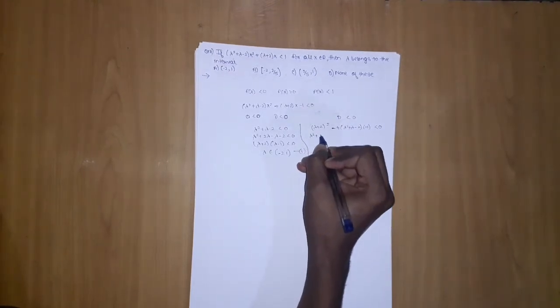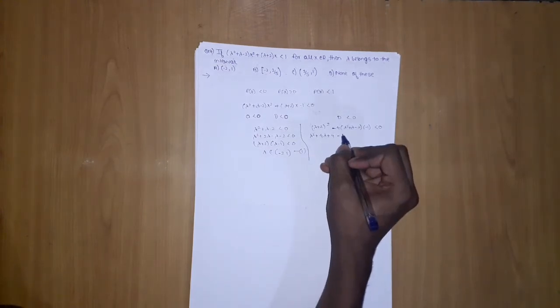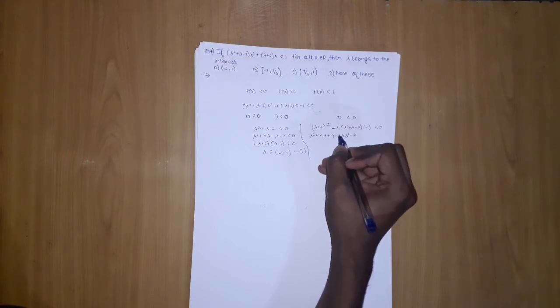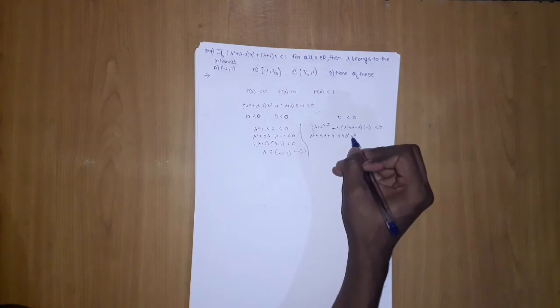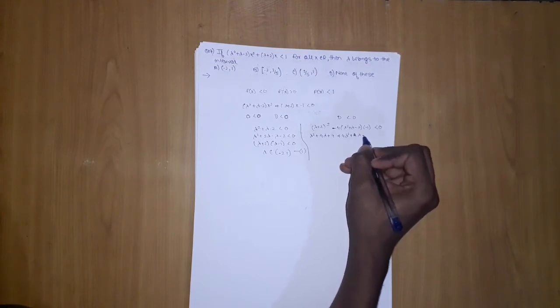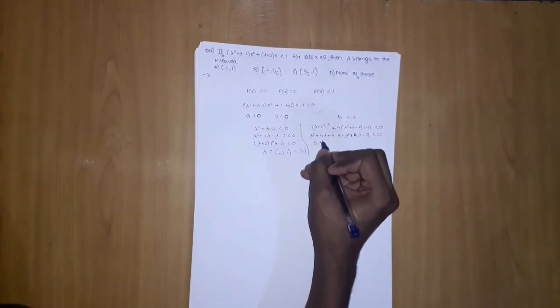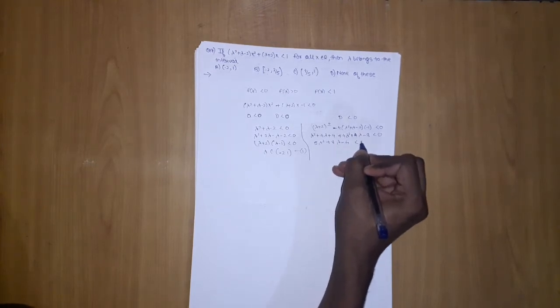So lambda square plus 4 lambda plus 4 minus 4 lambda square, and here the minus will change its sign, so it becomes plus 4 lambda, minus 8 should be less than 0. Then it will become 5 lambda square plus 8 lambda minus 4 should be less than 0.